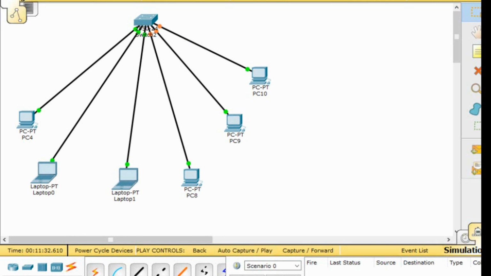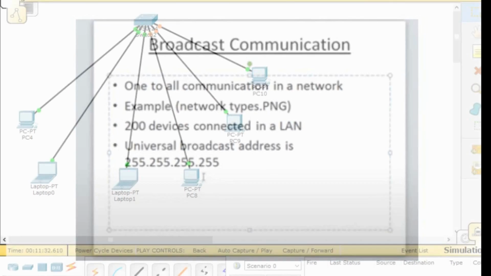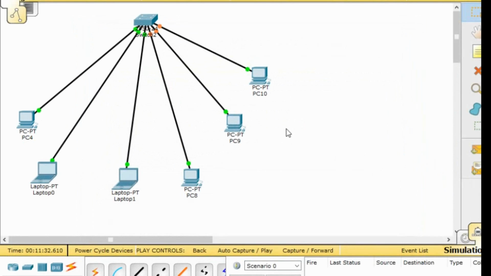I mentioned to you a while ago the broadcast communication, which is one-to-all communication in a network. So now, if you want to send from PC 4 to all the way to the 199th computer, that's called broadcast communication.